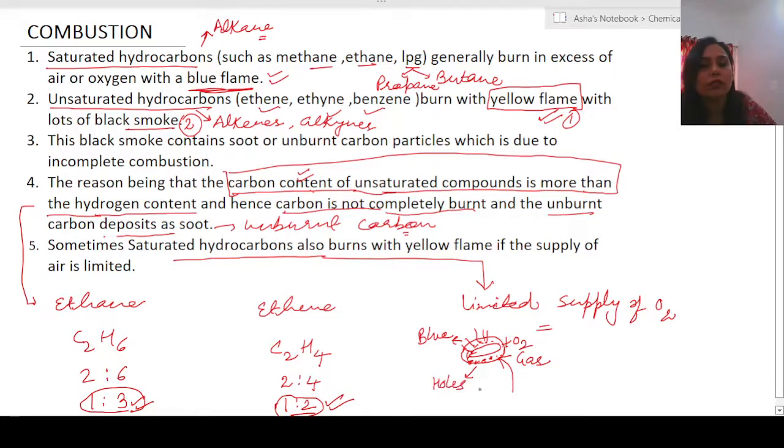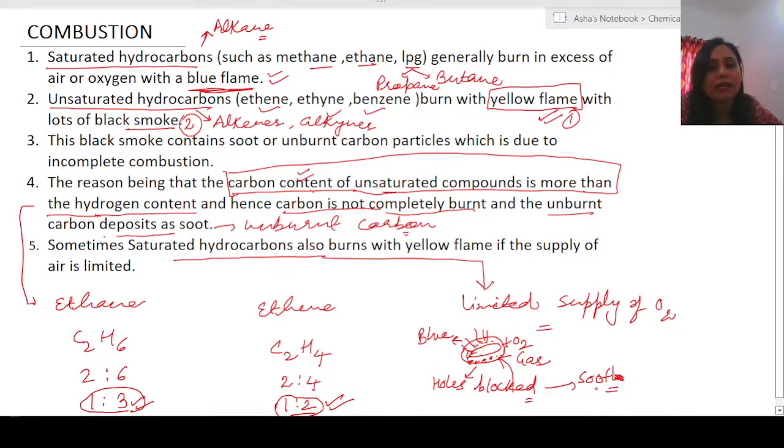blocked, then you will see that soot will be there, that is, the bottoms of the utensils will have carbon deposit on them, the unburned particles or soot.